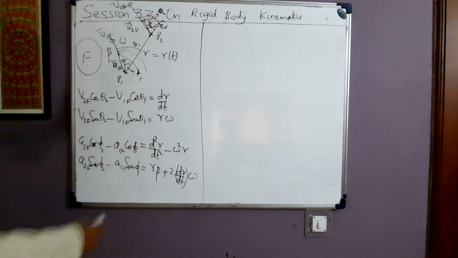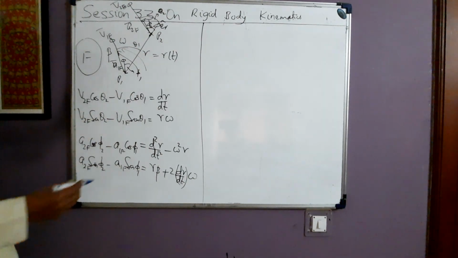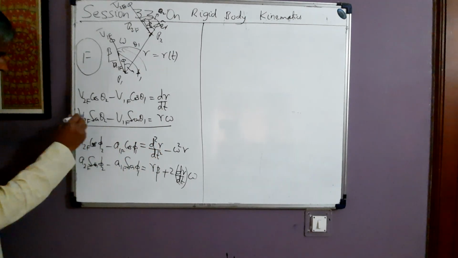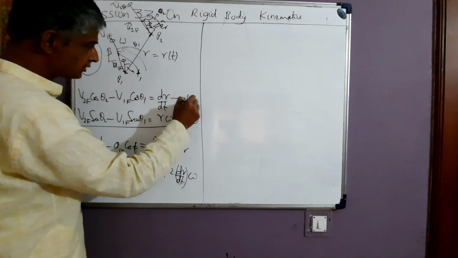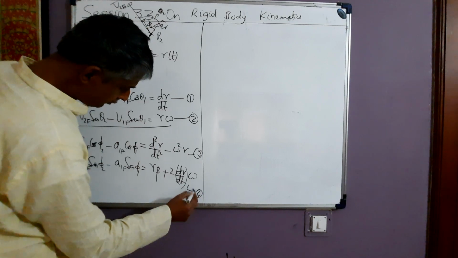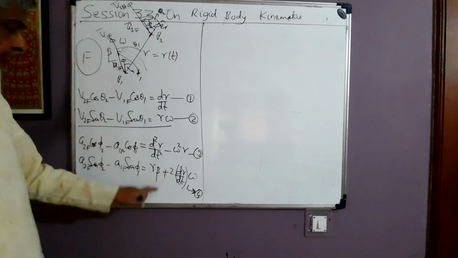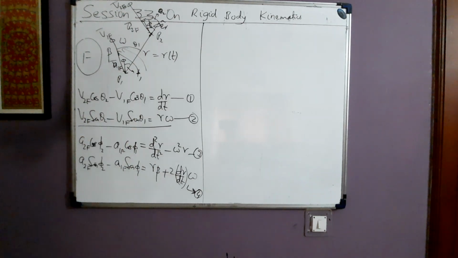So these are the four results which we derived. This is the first equation, this is the second equation, this is the third equation, this is the fourth equation. Regarding this second and fourth equation, I'd like to say one thing.